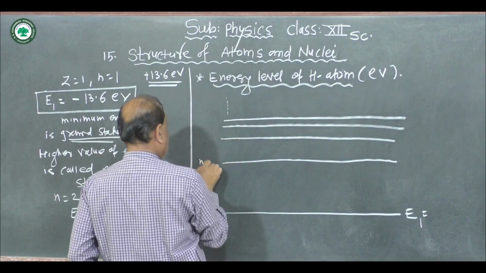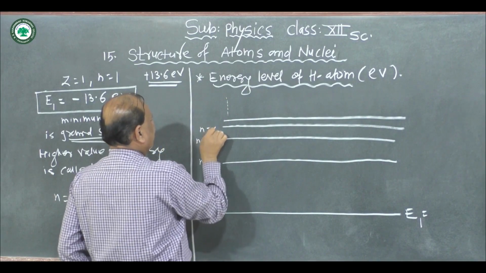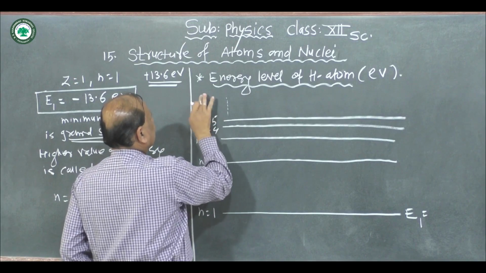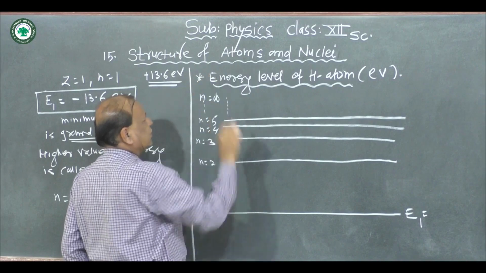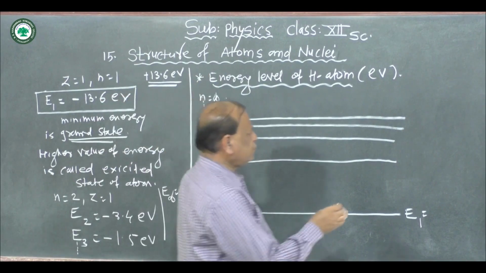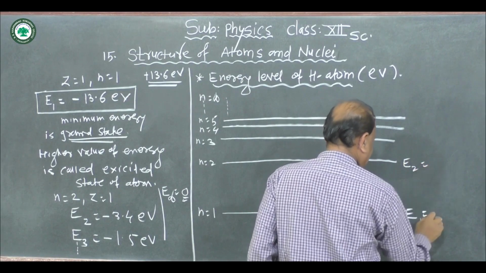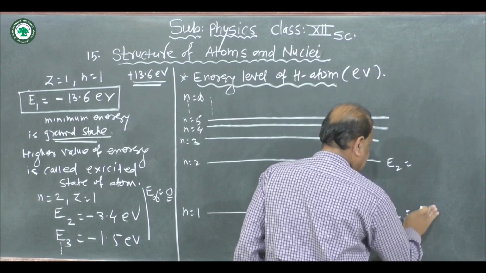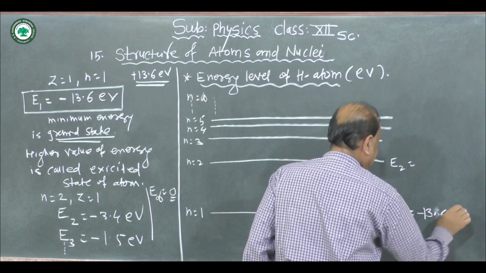This is n equal to 2, here n equal to 3, 4, 5, then n equal to infinity. Here the energy for E1, as we already obtained, is minus 13.6 eV.